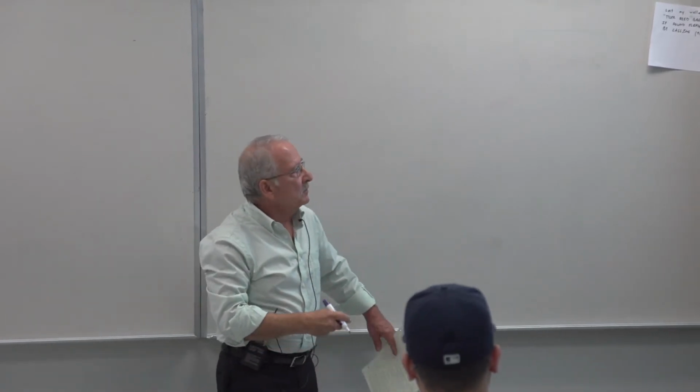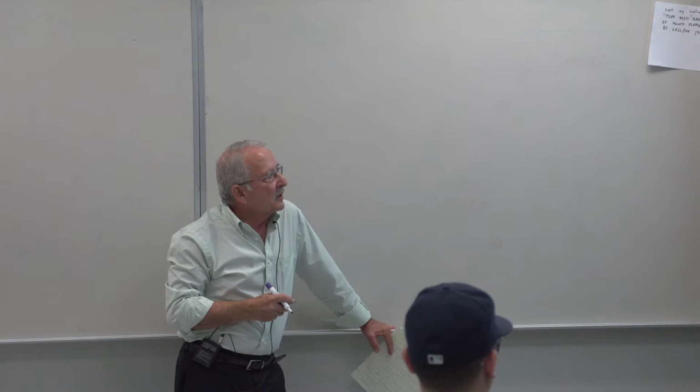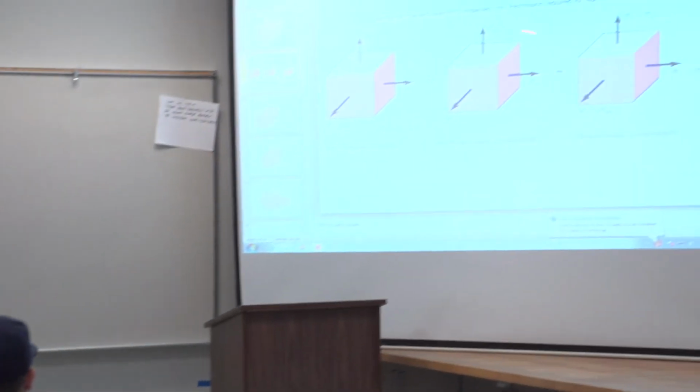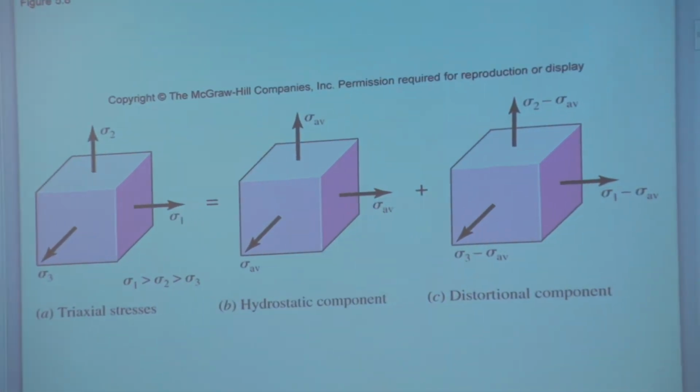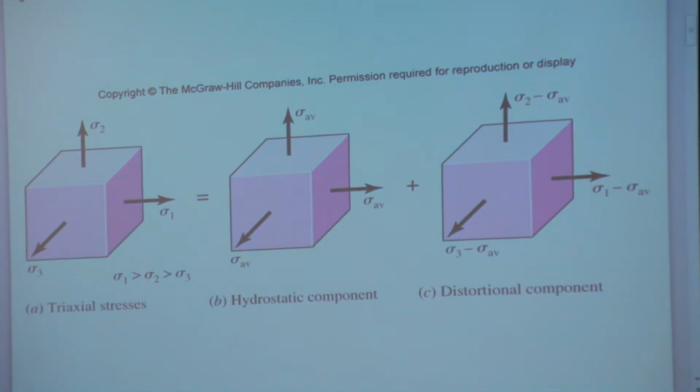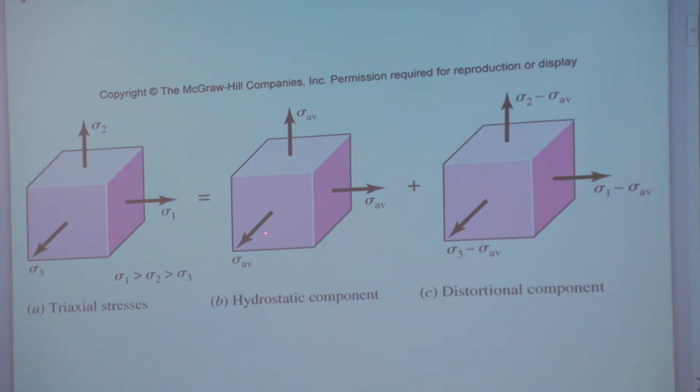We say we have divided the strain energy into 2 parts. One, the one that produces solely volume change, no shape change. All stresses are equal, only volume change. 2, the remaining stresses.